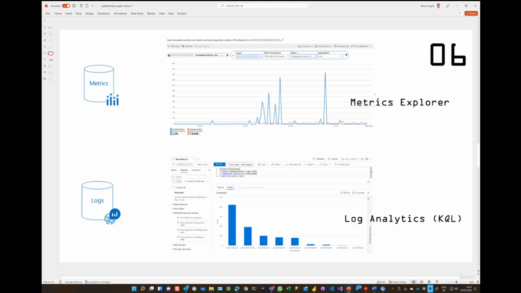You can do the metrics analysis graphically in a Metrics Explorer. So you can see, for example, different metrics like integration runtime CPU or any kind of pipeline runs for the Data Factory, and you can analyze this in time. Most of the time, you can go back some days.